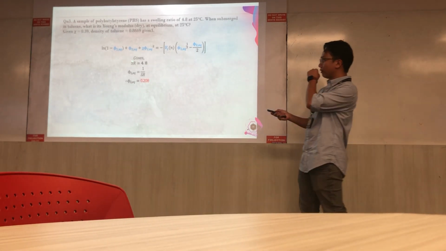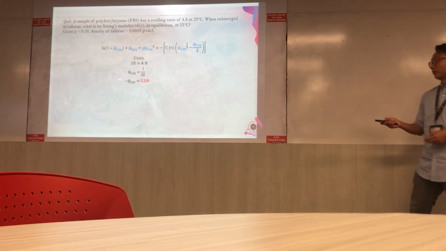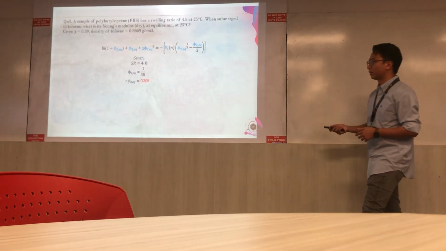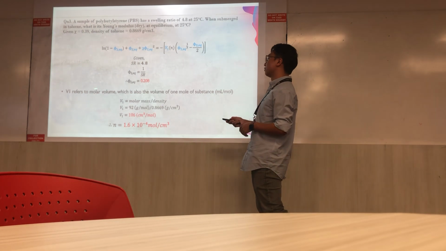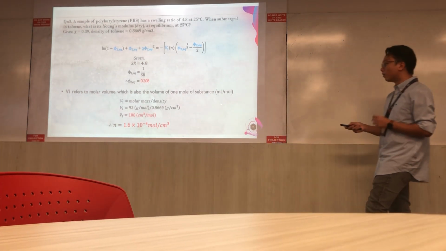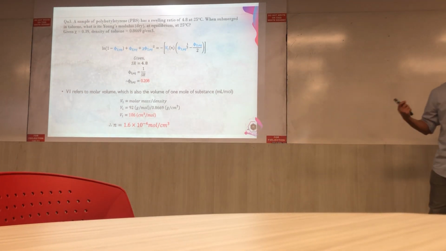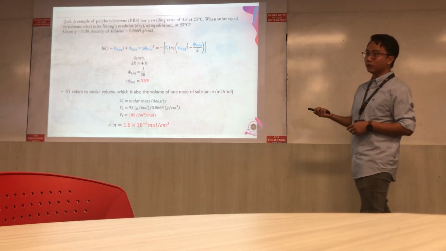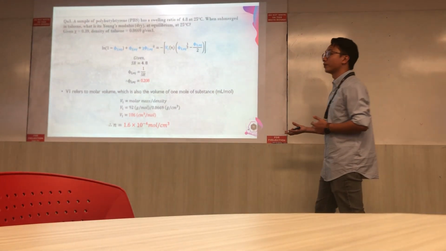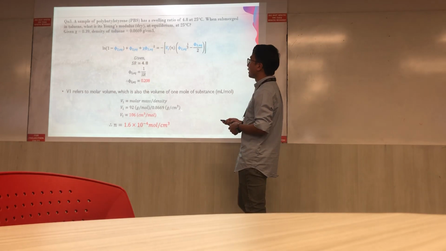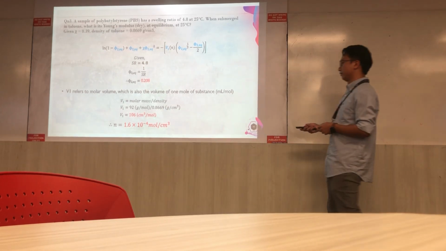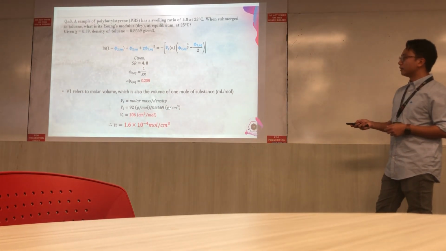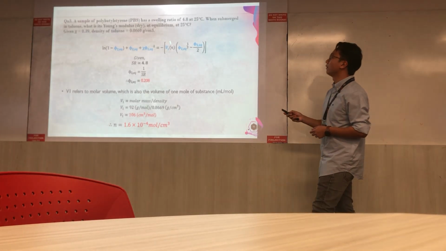So like I said, once you are given your swelling ratio, you can find your volume fraction at equilibrium. It's just a matter of taking the inverse. So next, you need to find your molar volume. Like I said, molar volume is the volume of 1 mole of the solvent, which means the unit will be volume per mole, or ml per mole. So looking at the units, the only thing we have here is density.